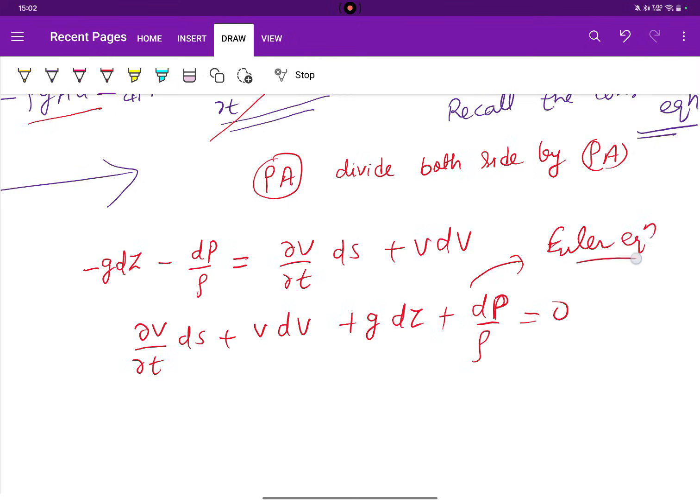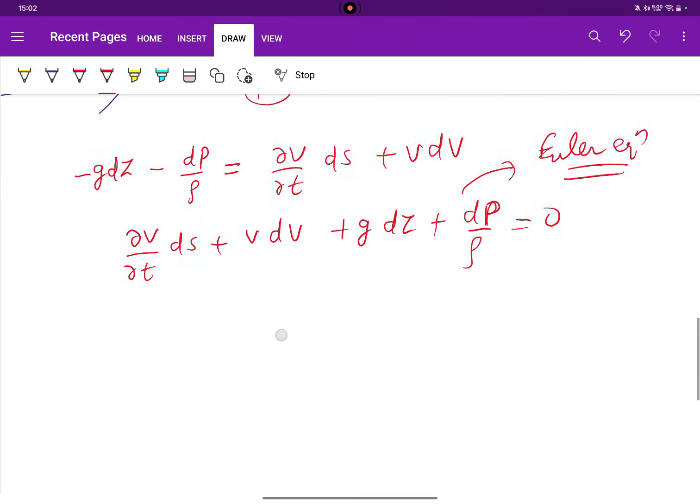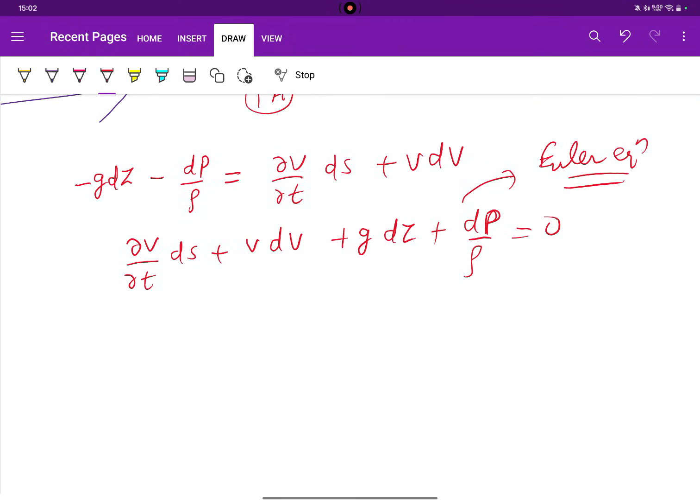This is your Euler equation, and let's simplify it further to reach Bernoulli's equation. So tell me one thing, this is going to be from 1 to 2, some locations on the streamline. We will consider two things to simplify it further.